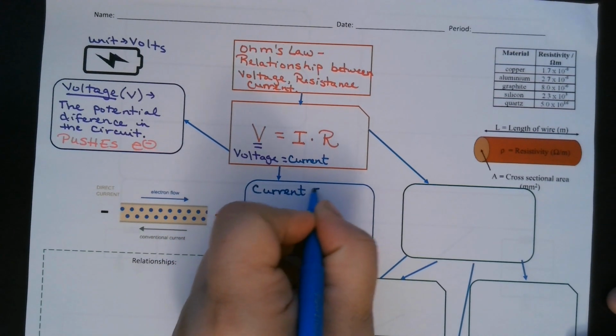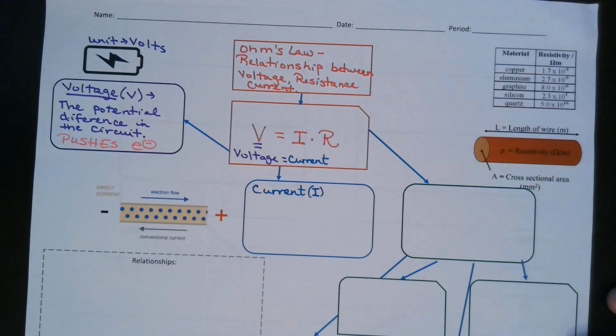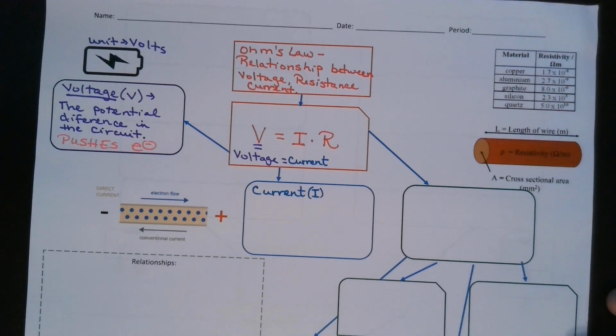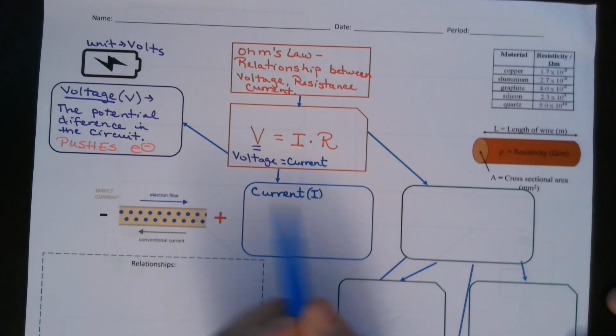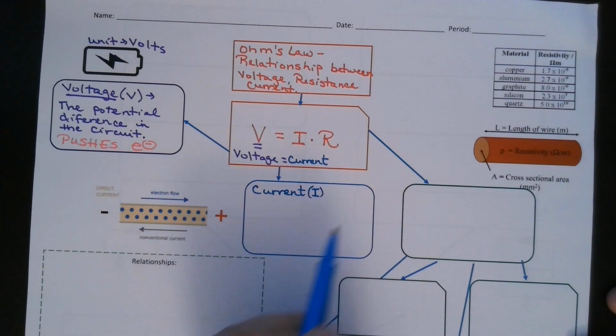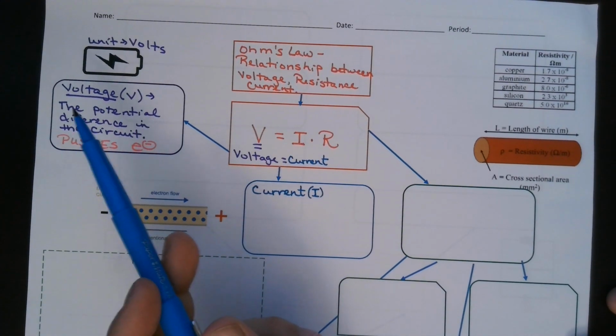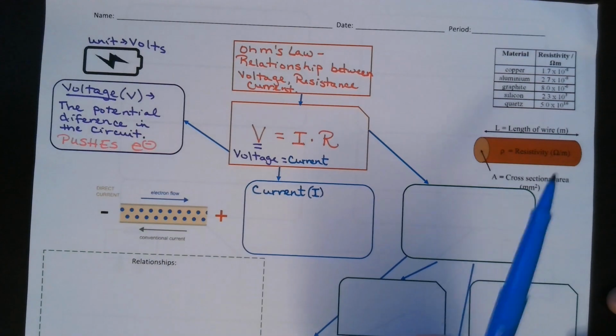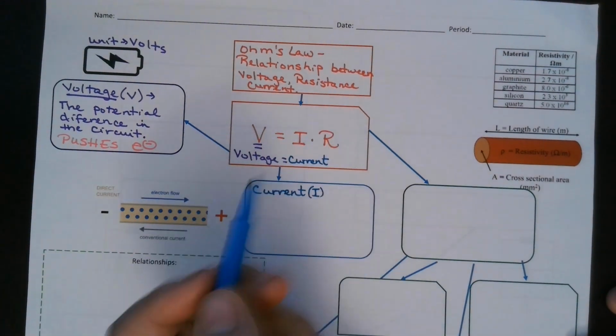This one takes a little bit of time to memorize, that I is the current. Every year I have a few students that forget that this is the equivalent of something that starts with the letter C, because everything else so far has started with the same letter as the first initial, even resistance.